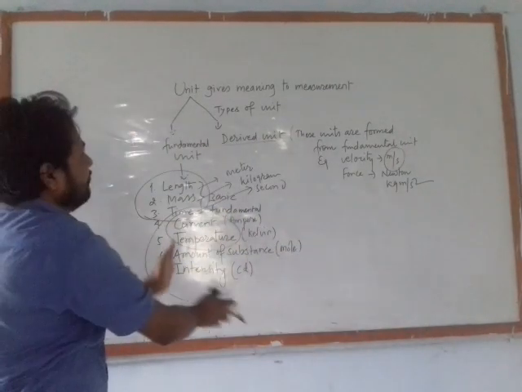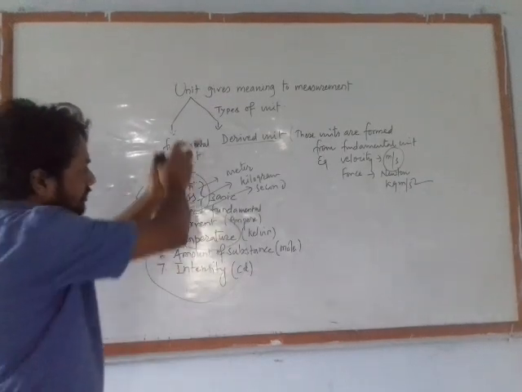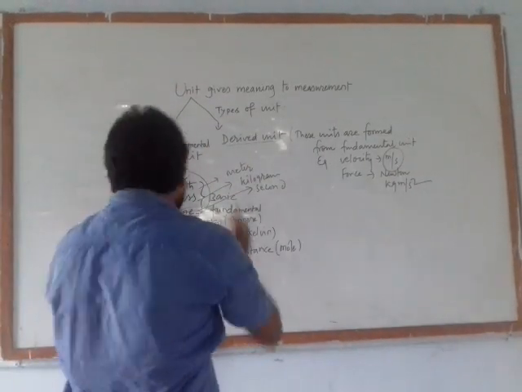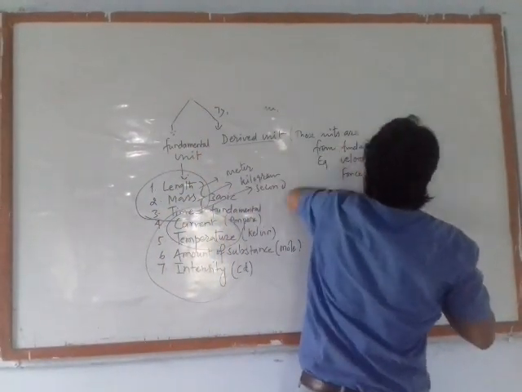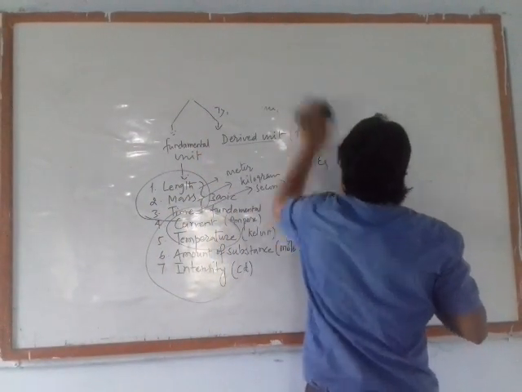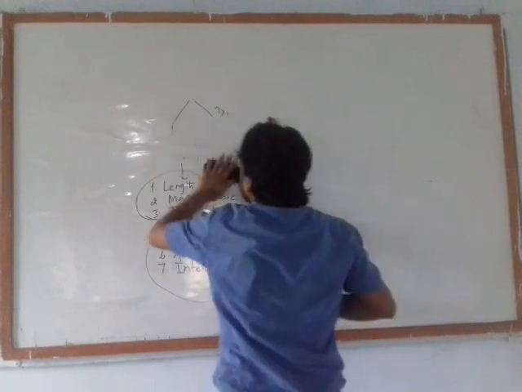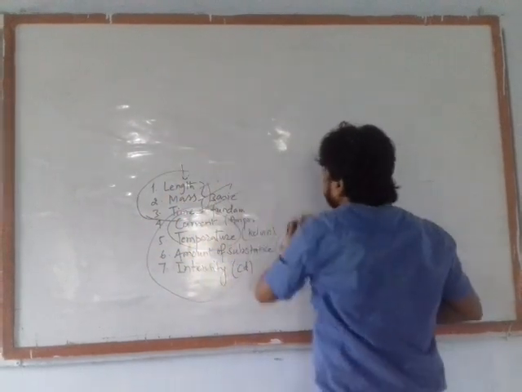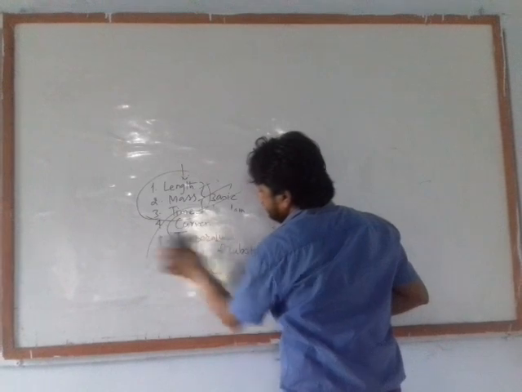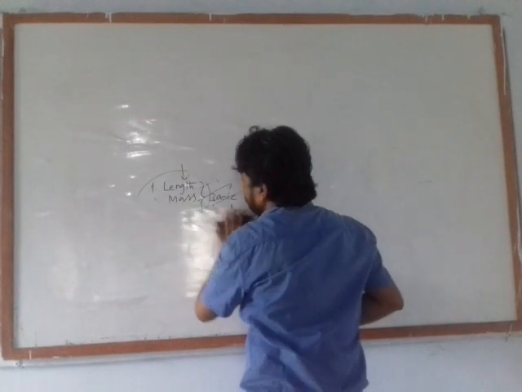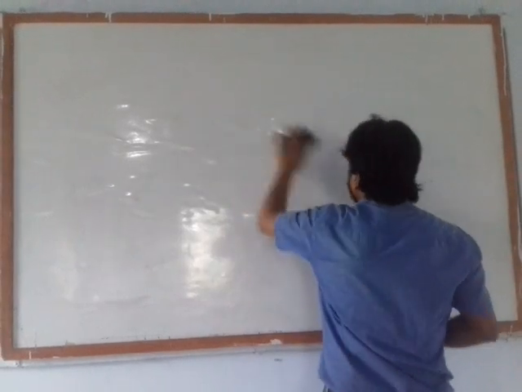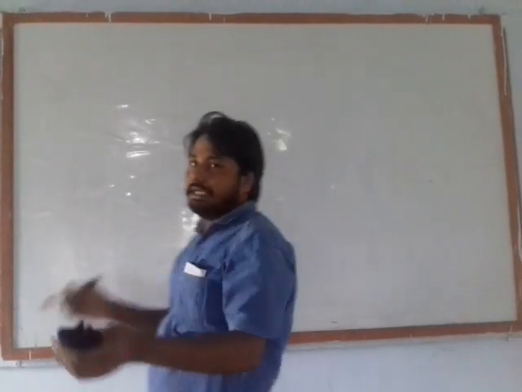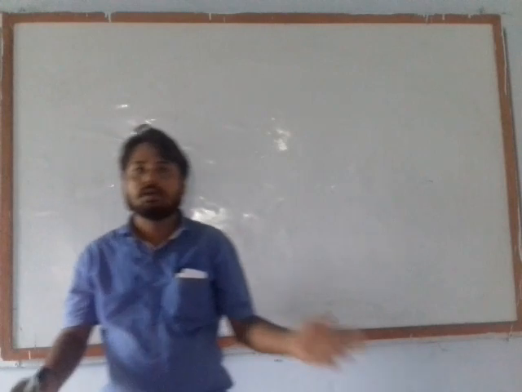So very basic things I have told for unit. Hope you have understood this. Now let us move to the dimension. For dimension, first of all we should understand what is dimension. Dimension simply, we are telling, gives like shape, or by knowing the dimension we can say there is a volume or the shape for the particular quantity.